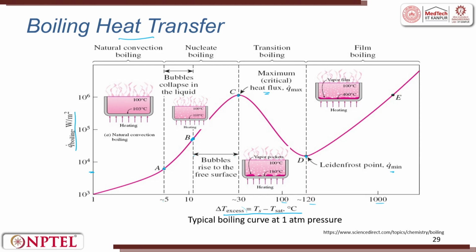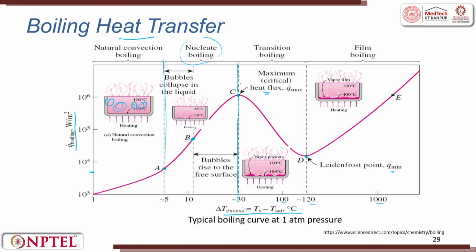So, you can see natural convection happening up to 5, that is delta T excess. Then up to 30, nucleate boiling is happening. So, first it is natural convection. Next, the bubbles are getting formed and rising from the bottom to the top.